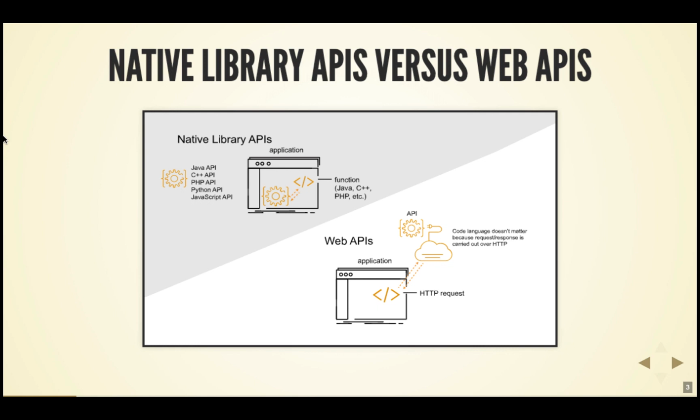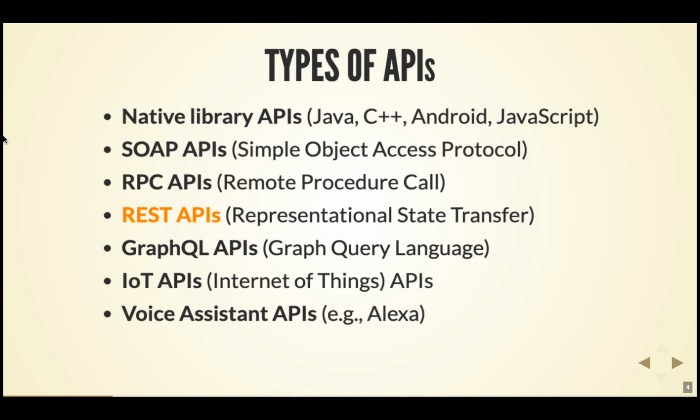Instead of making the request locally within their own system, you're interacting with resources online, hence the term web. The code language doesn't matter because the requests that go out are transmitted through a neutral format of HTTP. Right, but now there are lots of other types of APIs, and this is something you've got to keep in mind.